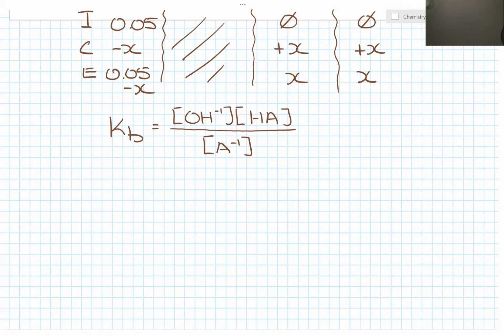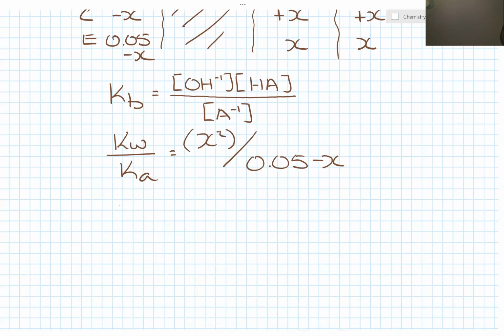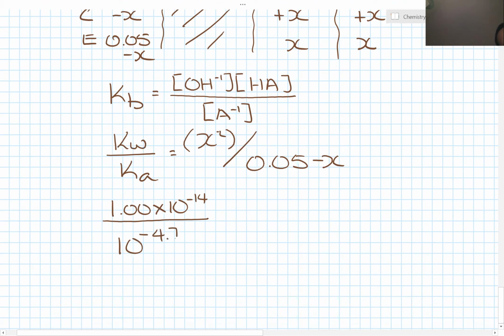Remember, Kb is equal to Kw divided by Ka, which is equal to x squared in this case, all over 0.05 minus x. So we have 1.00 times 10 to the negative 14 divided by 10 to the negative 4.76 is equal to x squared all over 0.05.